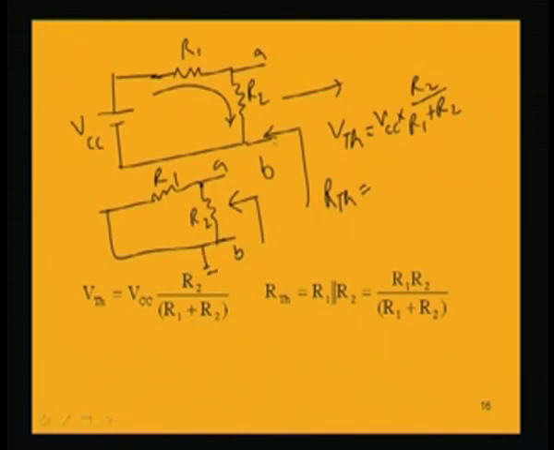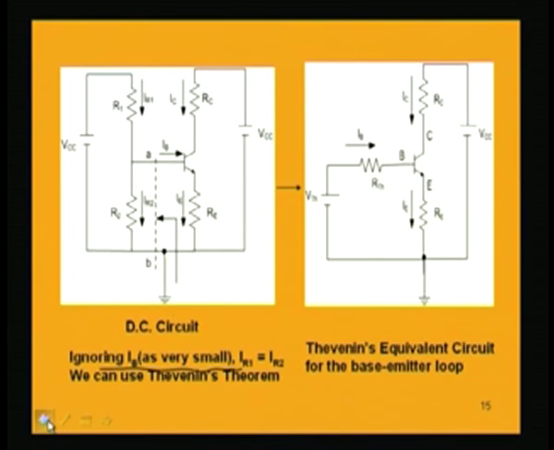So, these two resistances are in parallel, R1 parallel R2. That means it is R1 into R2 by R1 plus R2. So, that is what we get for this circuit to the left of the base, A to ground, that means across AB we are getting this Thevenin's equivalent circuit.